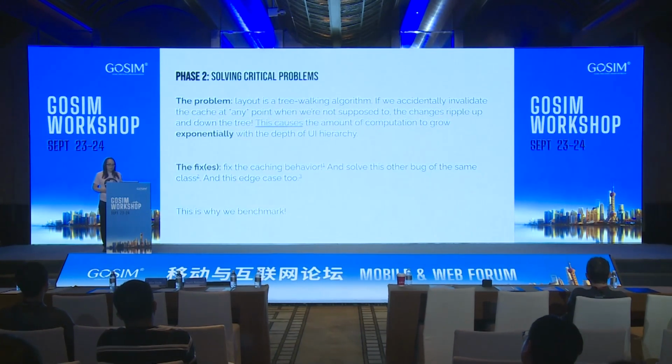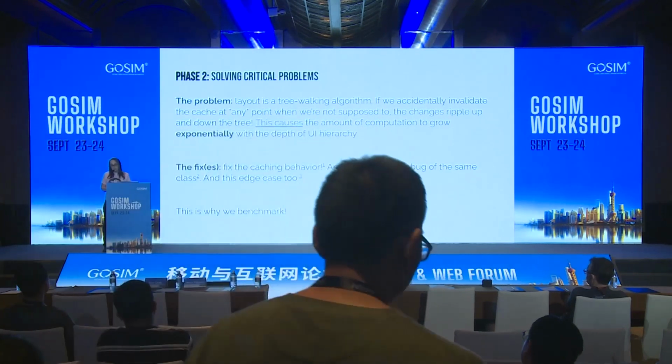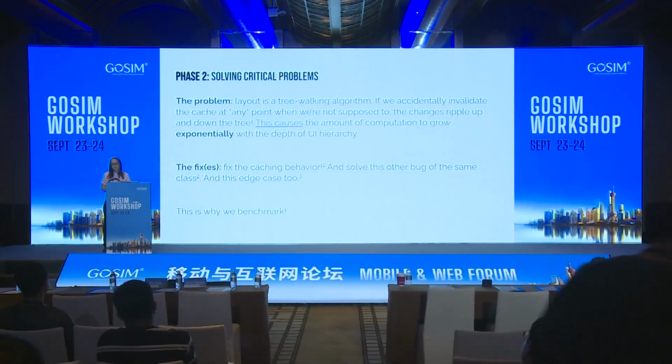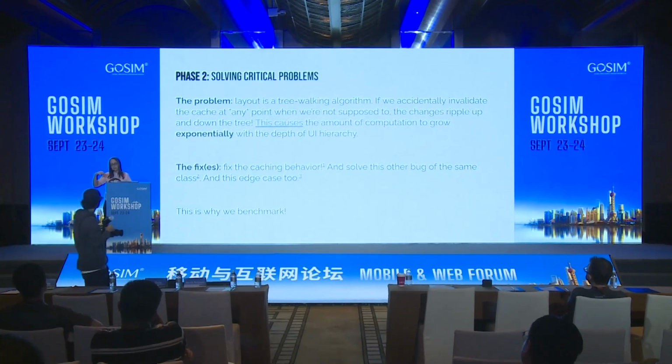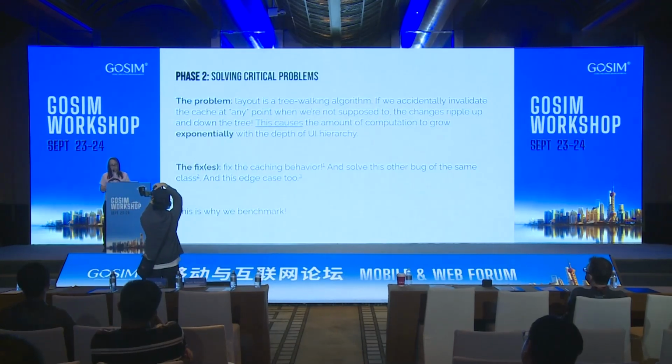So the next phase was, okay, let's solve the problem that made us say, oh God, we need to actually fork and start maintaining this. The fundamental problem is that layouting is all about walking up and down trees and coordinating between parents and children.